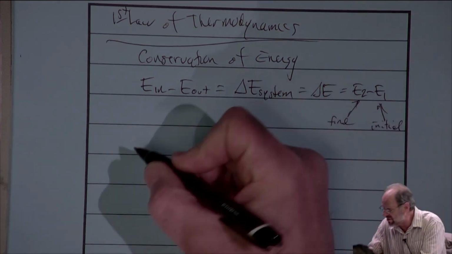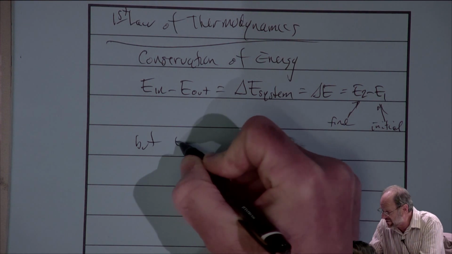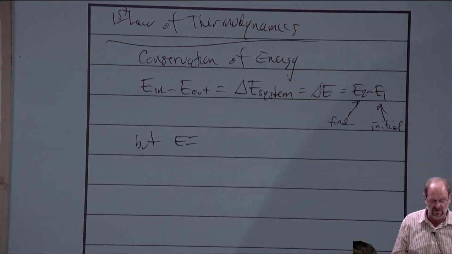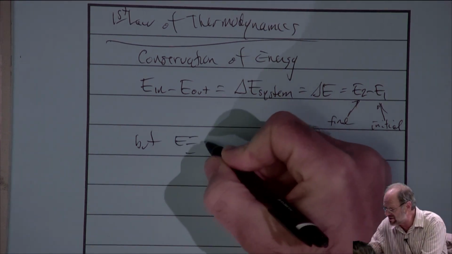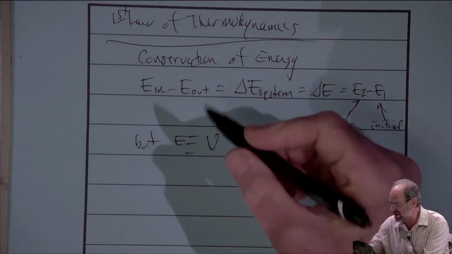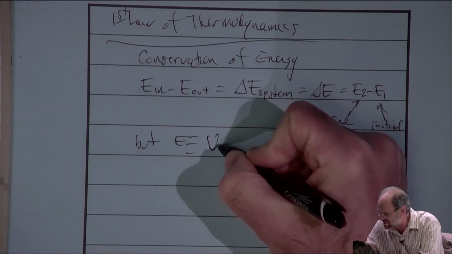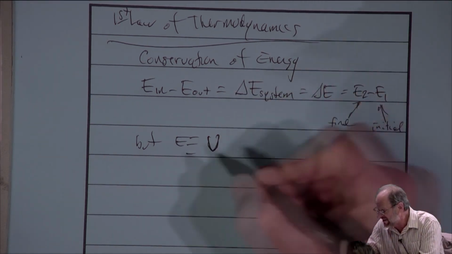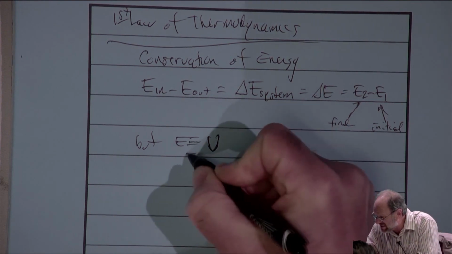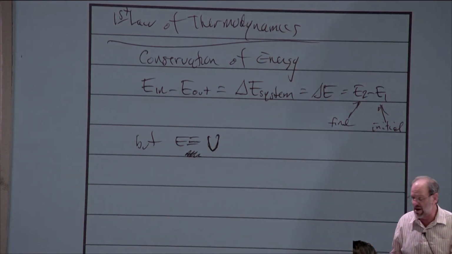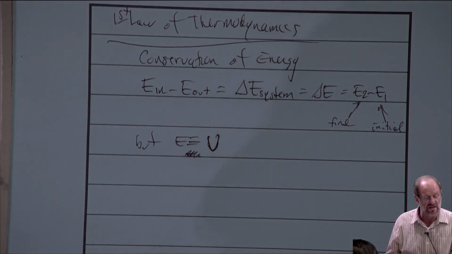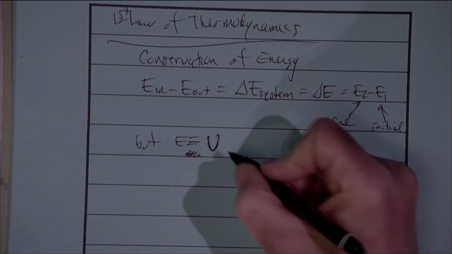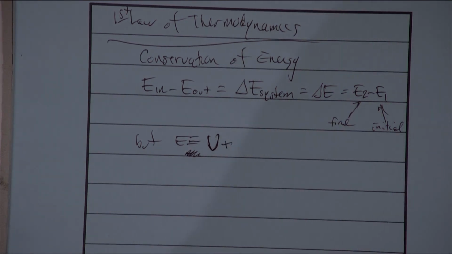Now, let's also remember that we've seen a definition of energy. We know that energy is defined as the energy internal to the system. So this is supposed to be a big capital letter U. So the energy, by definition, is the internal energy, plus the energy associated with the object's motion and its position in the gravitational field.